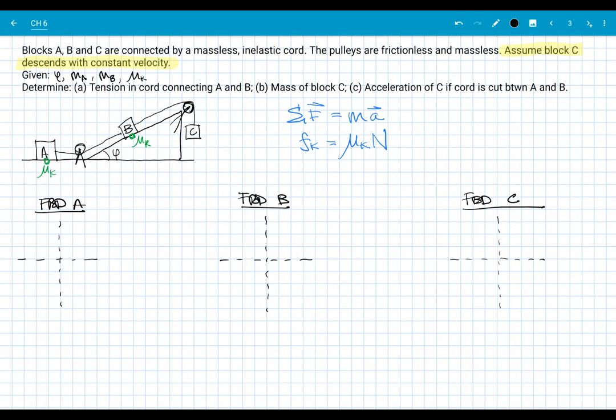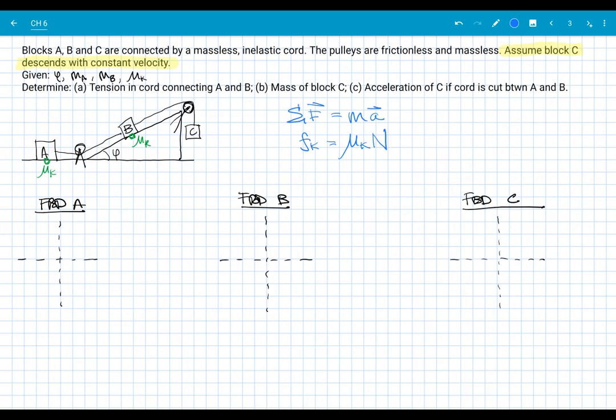Okay. You can start with any of these. If you want to start with the simplest one, just go to block C, right? That's going to be the simplest free body diagram. As always, my bias would be positive in the direction of acceleration. In this case, we're told that block C is descending with constant velocity.